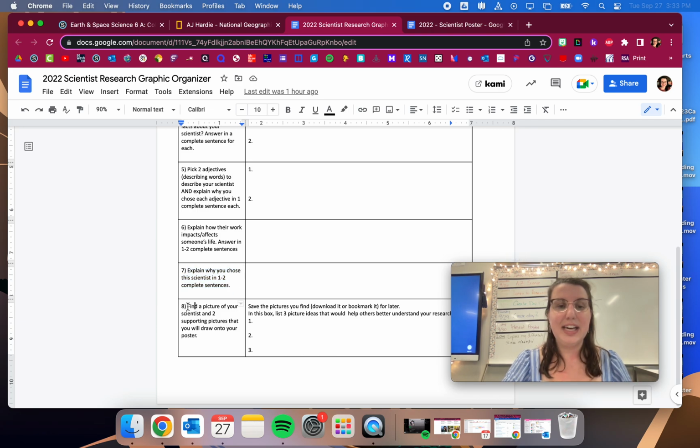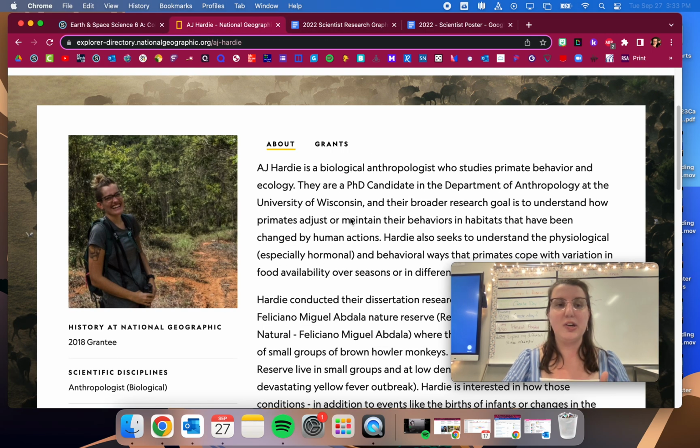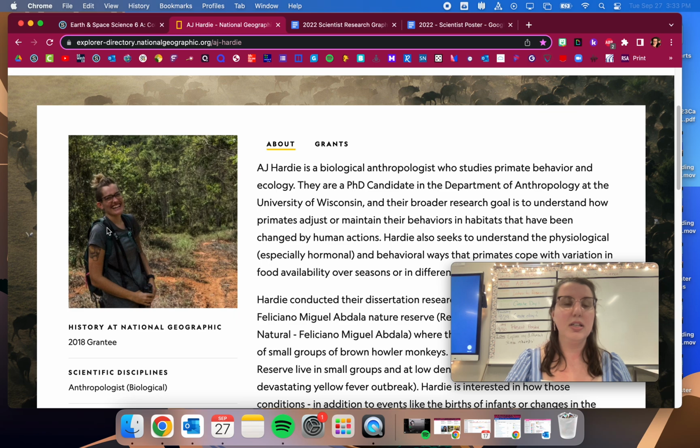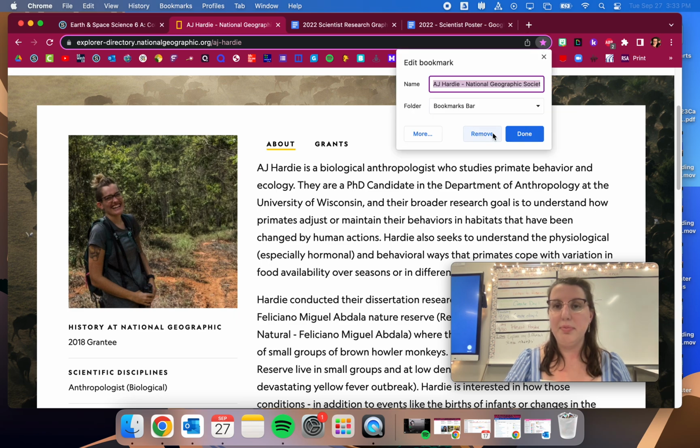And then lastly, find a picture of your scientist and 2 supporting pictures that you will draw onto your poster. So you need to find a picture of your scientist. If you're using this National Geographic page, you should have a picture already right here. So you can either bookmark this page and save the picture that way with that little star up top.